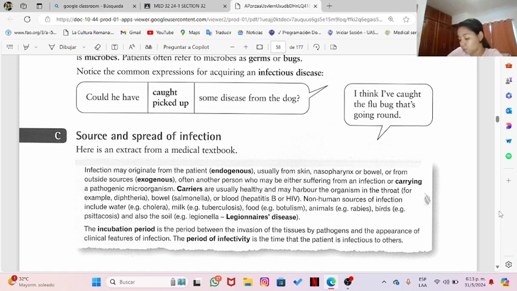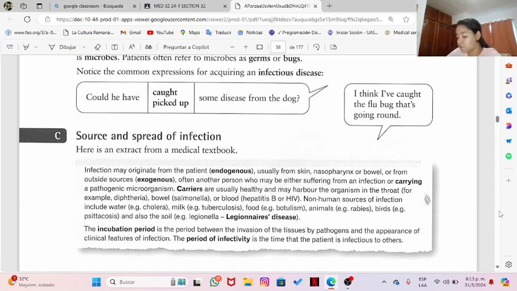Source and spread of infection. Infection may originate from the patient's own body, endogenous, usually from skin, nasopharynx, or bowel, or from an outside source, exogenous.